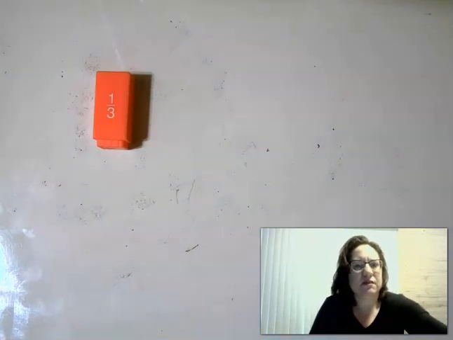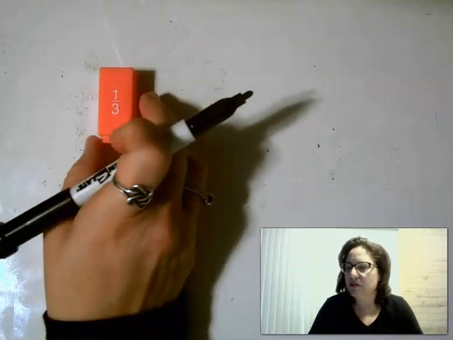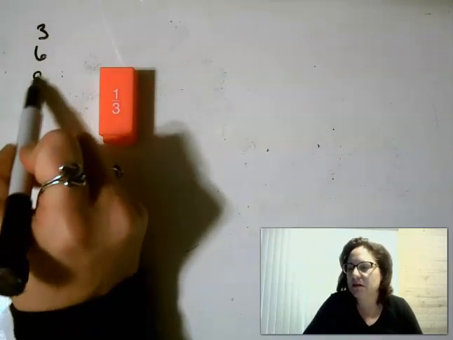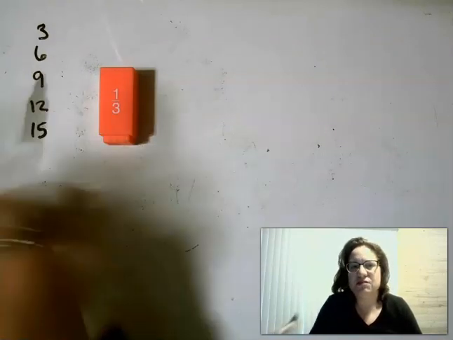So let's do this. We're looking for things equal to 1/3. So basically we're going to be looking for multiples of 3. What are our multiples of 3? Well, 3, 6, 9, 12, 15, and so on.